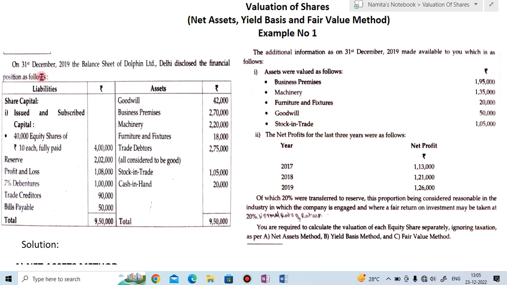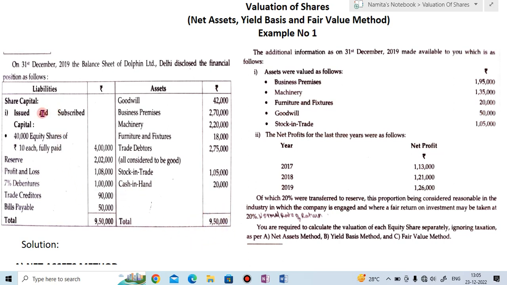On 31st December 2019, the balance sheet of Dolphin Limited, Delhi, disclosed the financial position as follows. So this is the balance sheet of Dolphin Limited as on 31st December 2019. Assets and liabilities are given. In assets: goodwill, business premises, machinery, furniture and fixture, trade debtors, stock in trade, cash in hand, and the total of the assets.